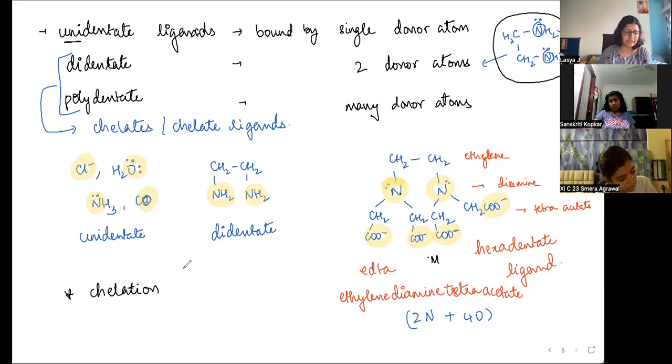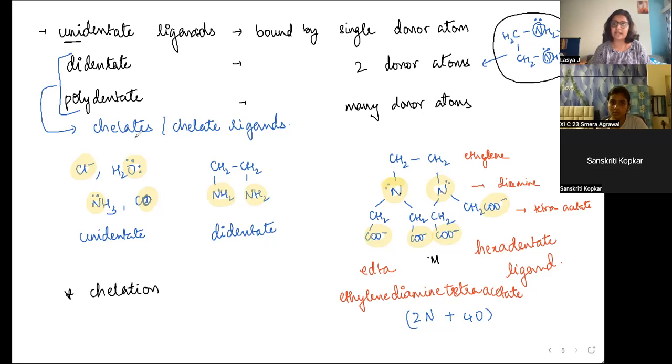So what is chelation is basically forming a ring structure when you have multiple donor atoms within the same molecule which is bonding to the central atom. So whenever you have a ring structure being formed in the coordinate compound, you call that a chelate. This phenomenon is called chelation. And those specific structures are called chelates, chelated structures. These ligands are called chelate ligands.